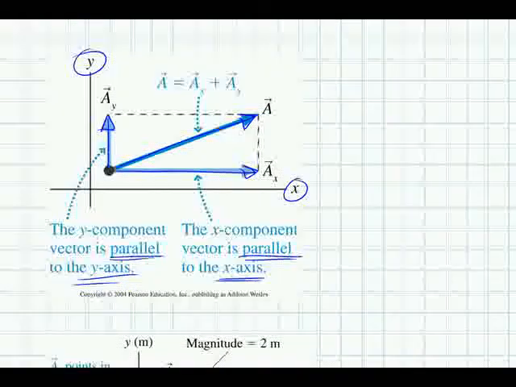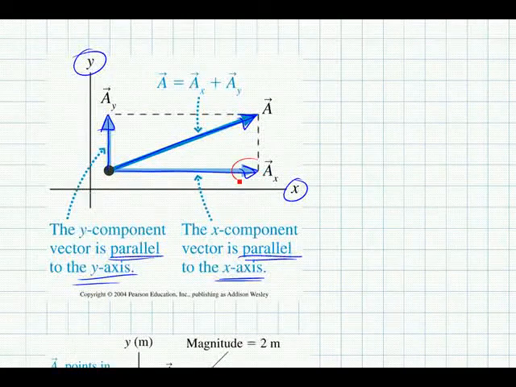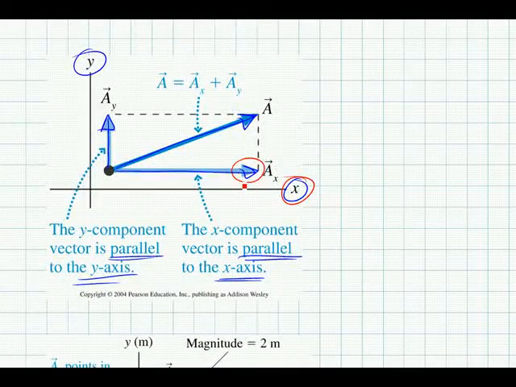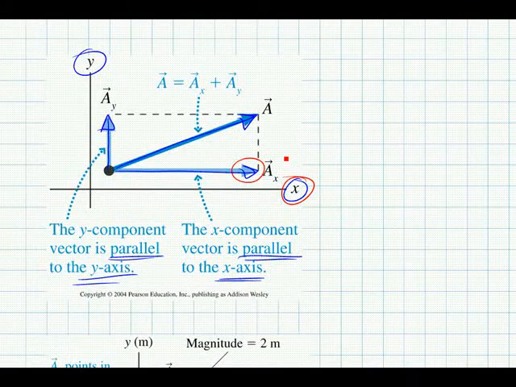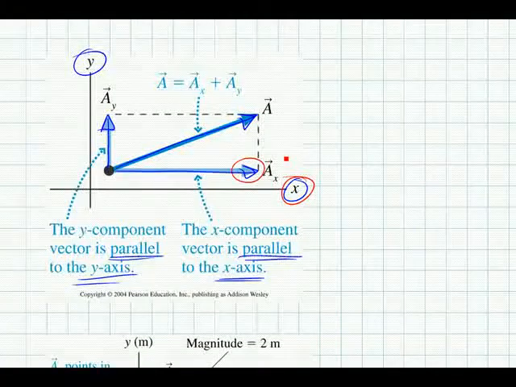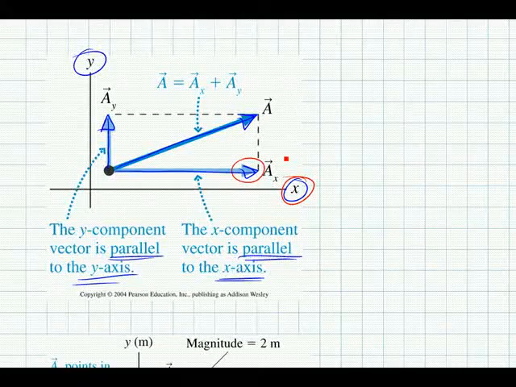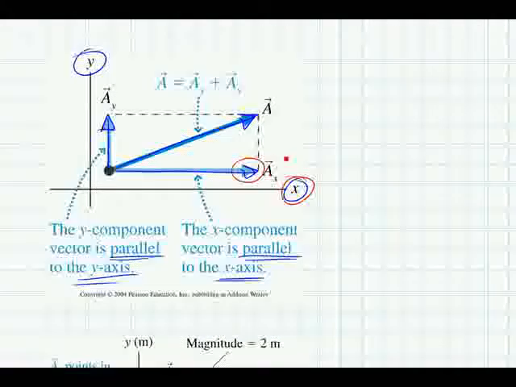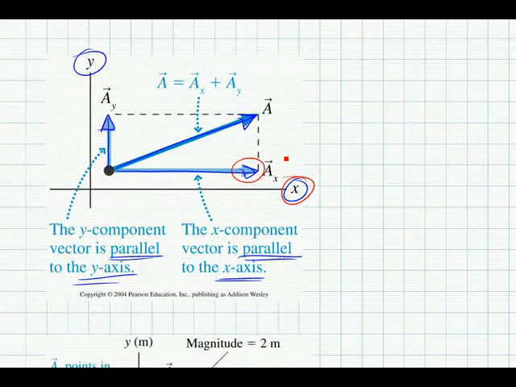And if the x component, or ax, is pointing in the same direction as the positive of the axis, then ax is a positive vector. And if it's pointing away from the positive of the axis, then it's a negative vector.